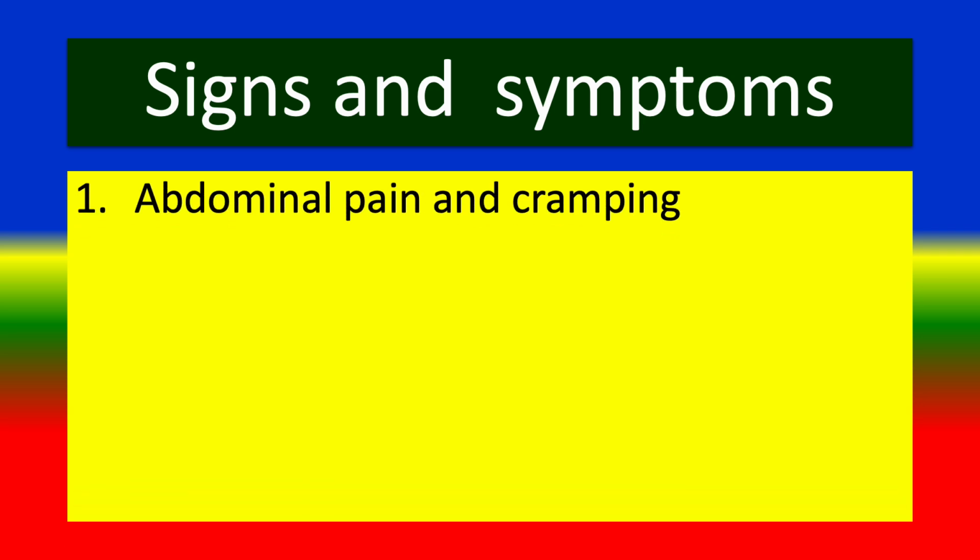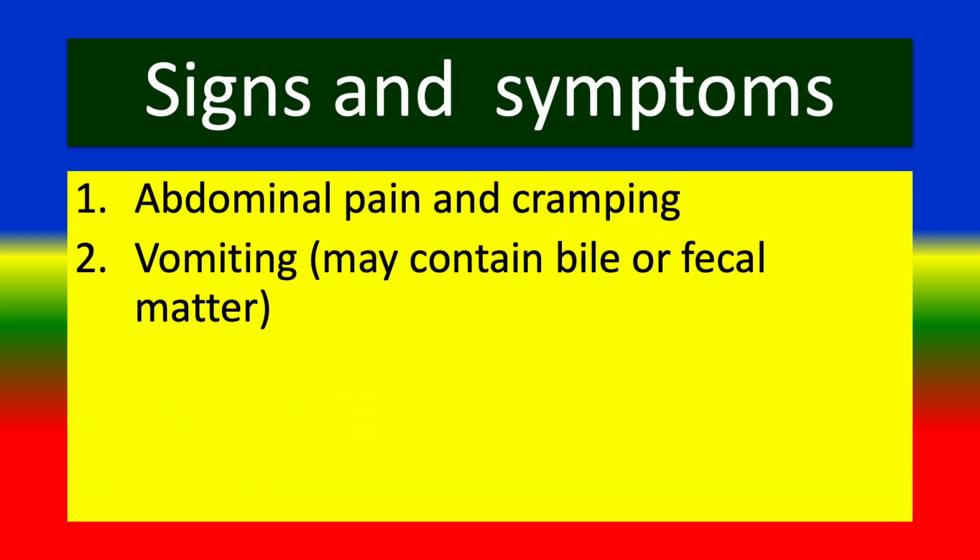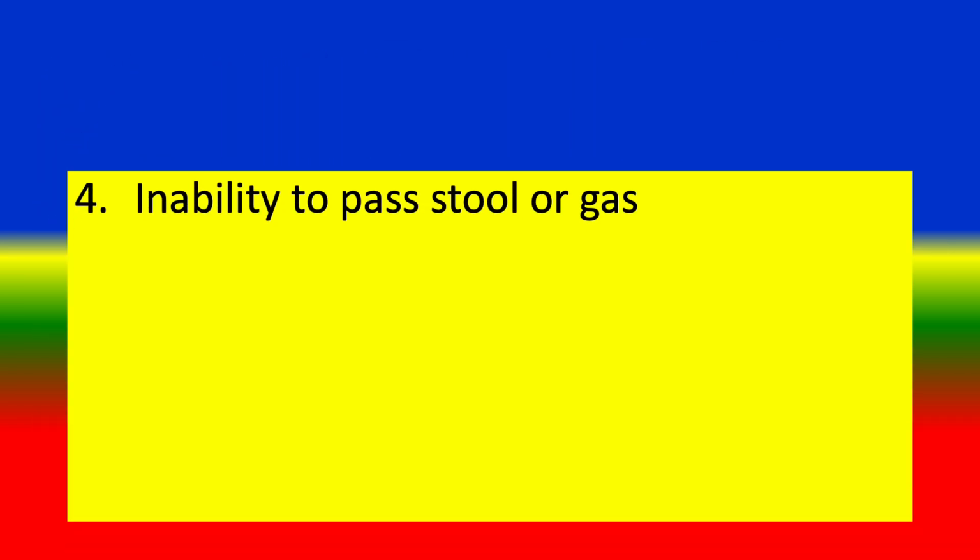Signs and symptoms. 1. Abdominal pain and cramping. 2. Vomiting, may contain bile or fecal matter. 3. Distended abdomen. 4.